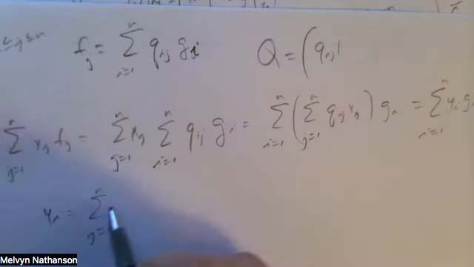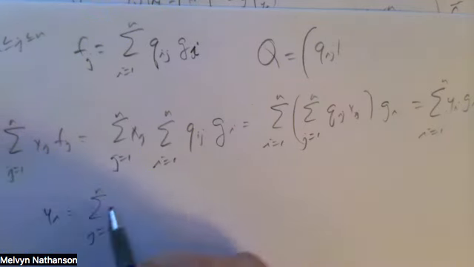This is Q times the vector X1 up to Xn. So if I take the coordinates for V with respect to G, that's the matrix Q times the coordinates for V with respect to F. And recall a moment ago I had in the opposite direction, the coordinate of V with respect to F is some matrix P times the coordinates of V with respect to G.